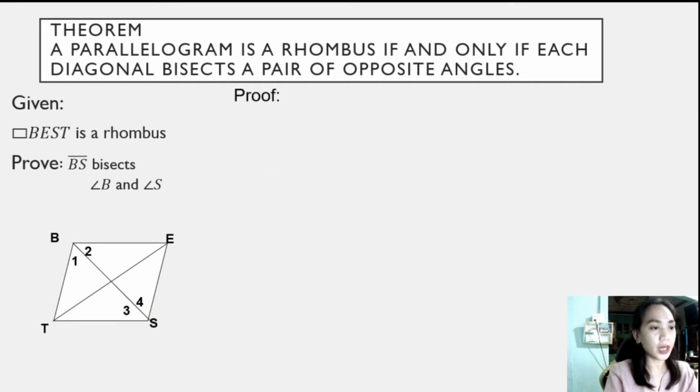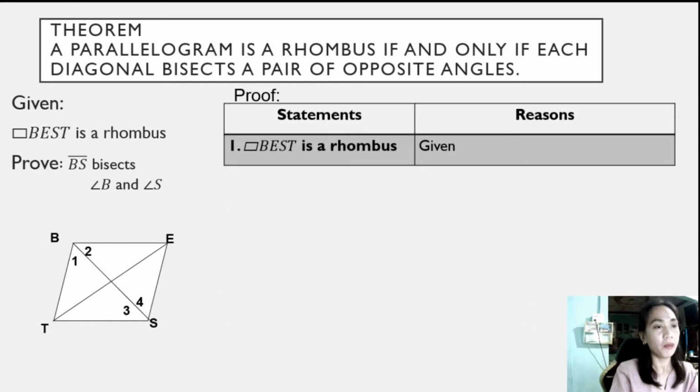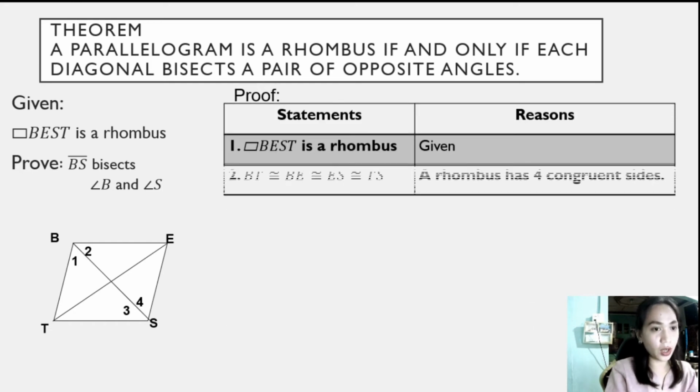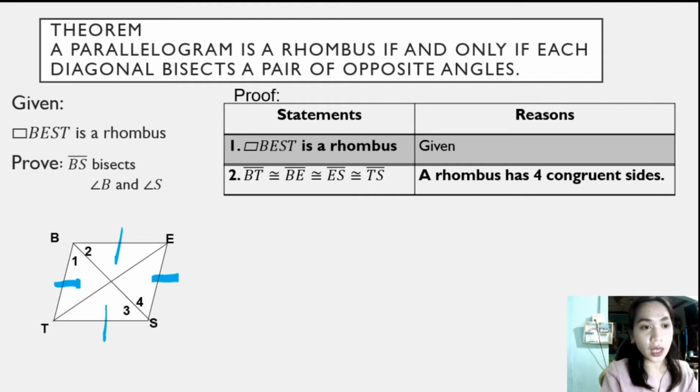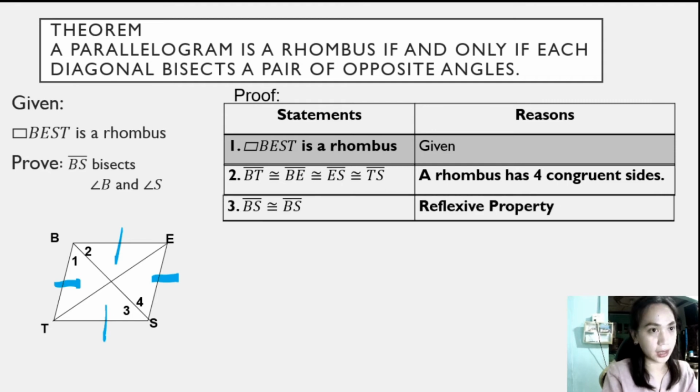For the first statement, we have BEST is a rhombus. Okay, reason: given. So, we have side BT is congruent to side BE, congruent to ES, and congruent to TS. Reason, a rhombus has 4 congruent sides.